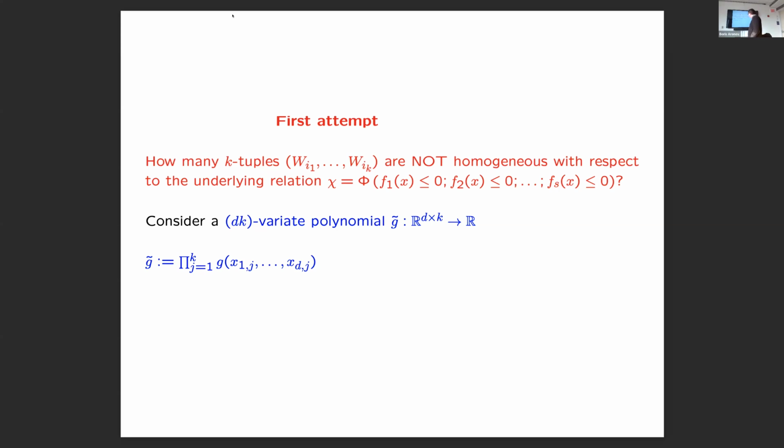So anyhow, you take this polynomial, you obtain this polynomial in dimension d times k.